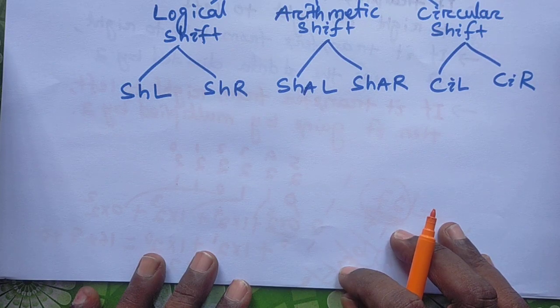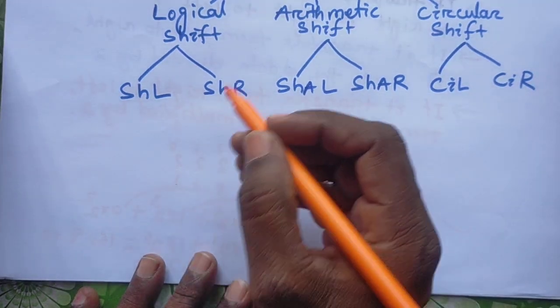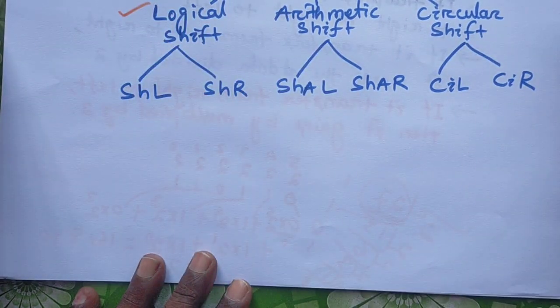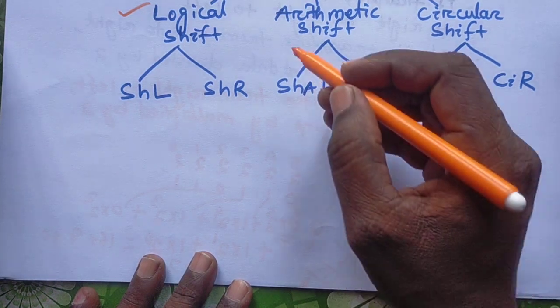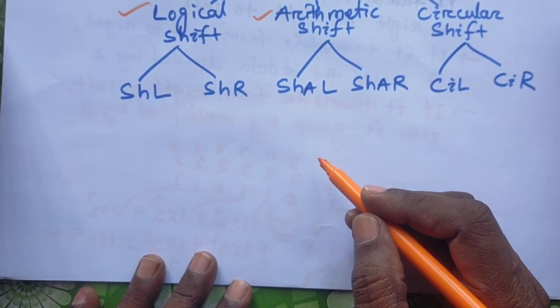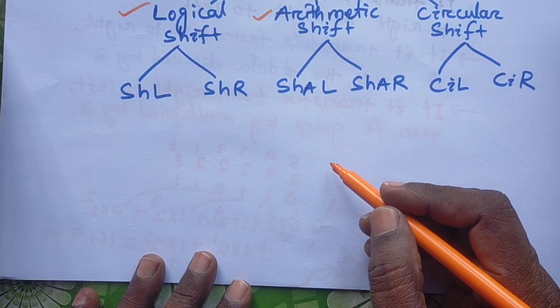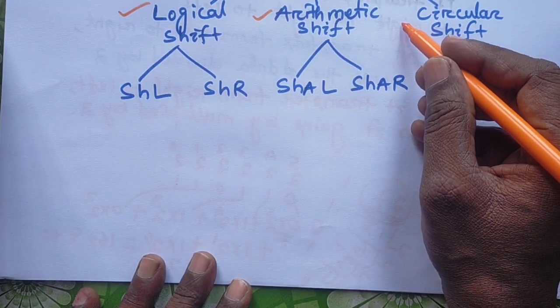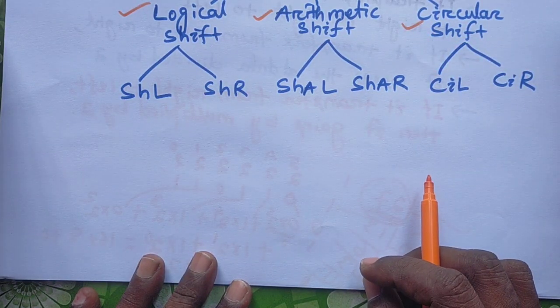So what are those? We can tell as a first one is a logical shift micro operation. Second one is an arithmetic shift micro operation. Last one is a circular shift micro operation.